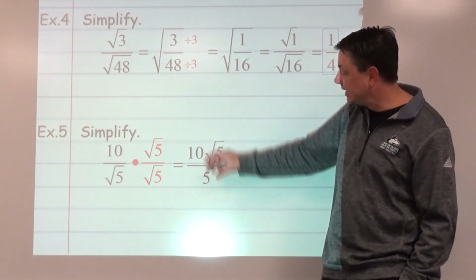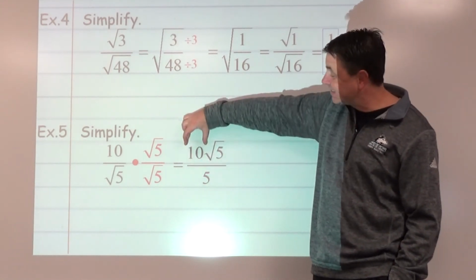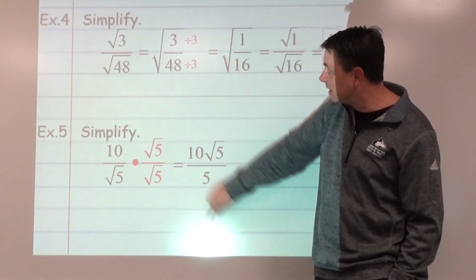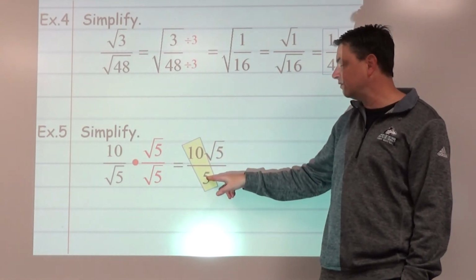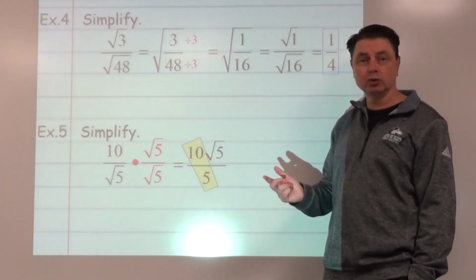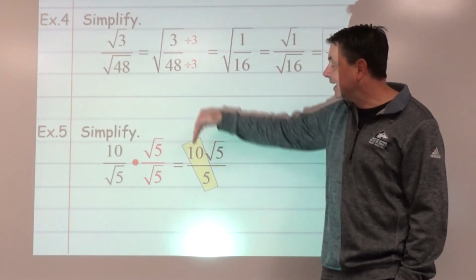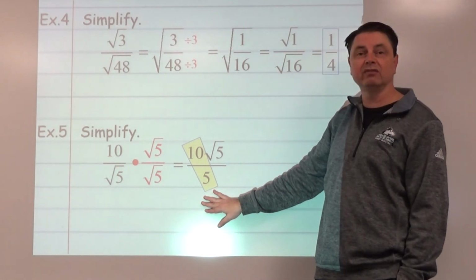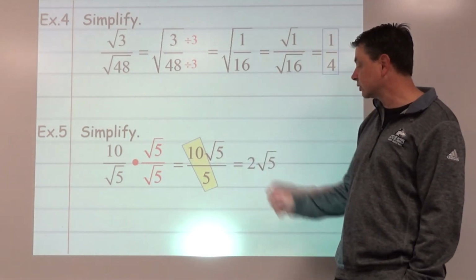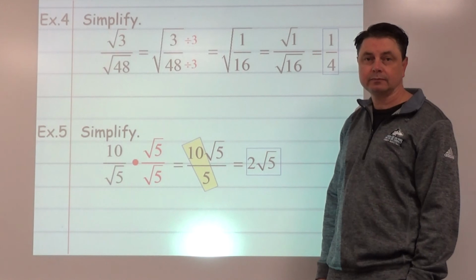Now, in this case, 5 not in a root, the 10 not in a root, so we can simplify that part. What is 10 divided by 5? 2. Since we did it in that order, it belongs on top, which means there is no bottom anymore. We have no need for the fraction. Our final answer is 2 square root 5.